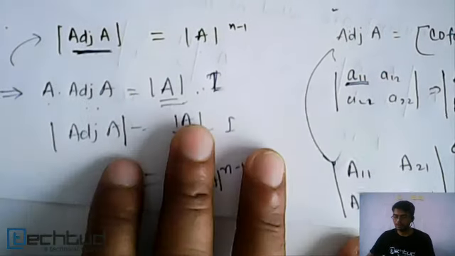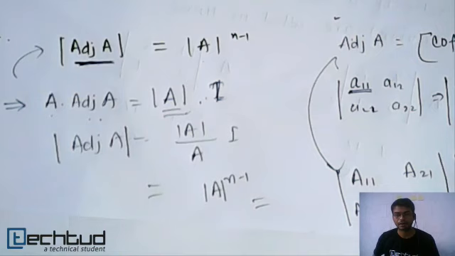Okay, so this is our last property, and all these properties are very important. We have to keep them ready in our mind to implement. Questions may be asked on the implementation of these properties, not direct questions on the properties.